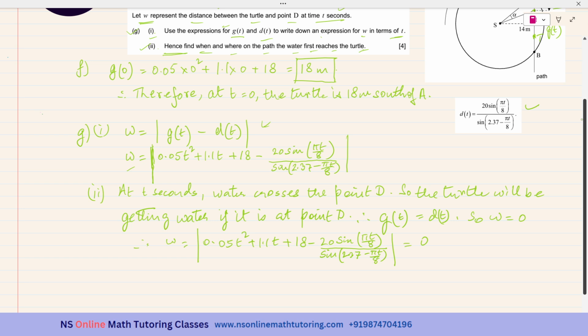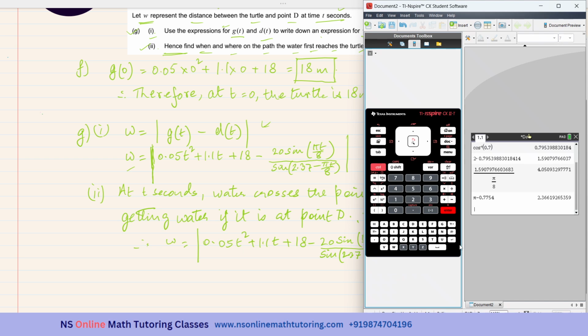Okay. And now we have to use the calculator to find the value of t. So I can use the nsolve, let's see, algebra and numerical solve, and it is the absolute value.